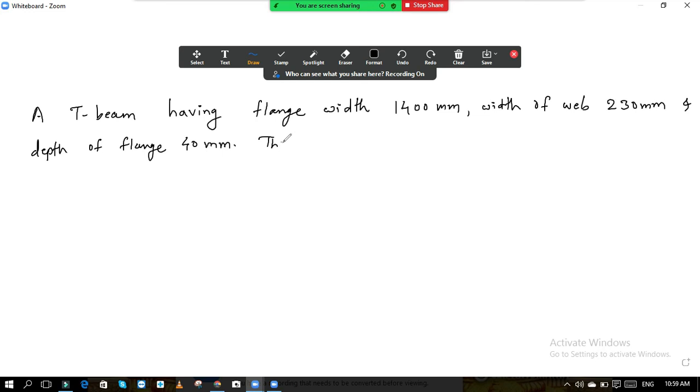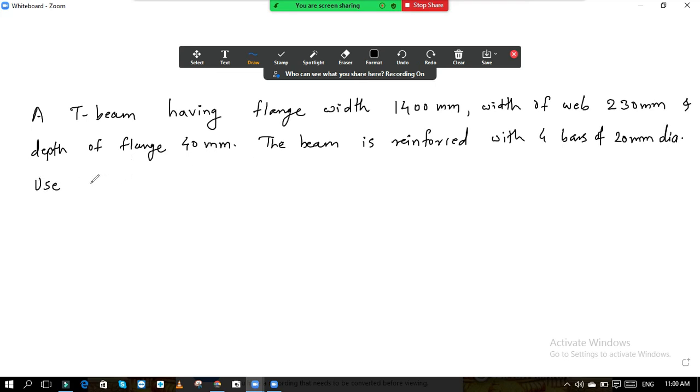The beam is reinforced with 4 bars of 20 mm diameter.